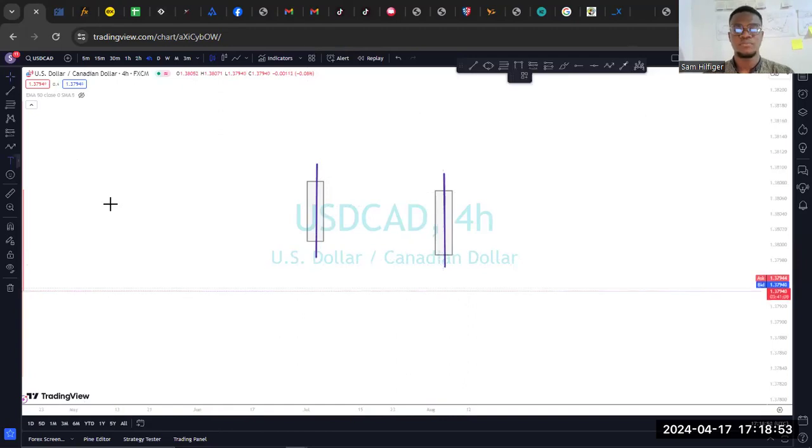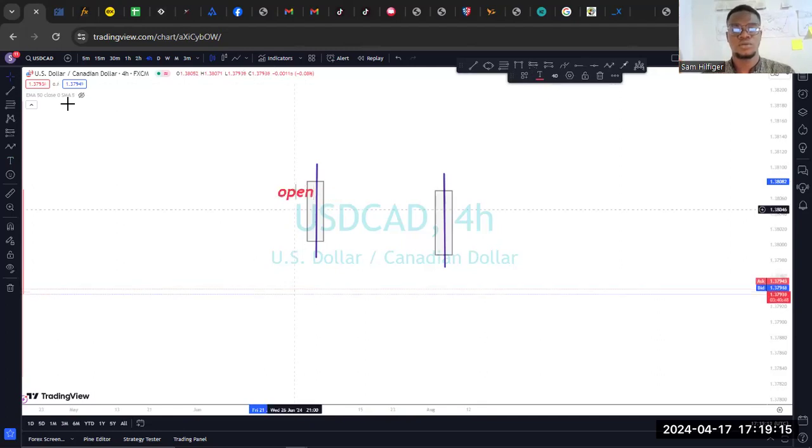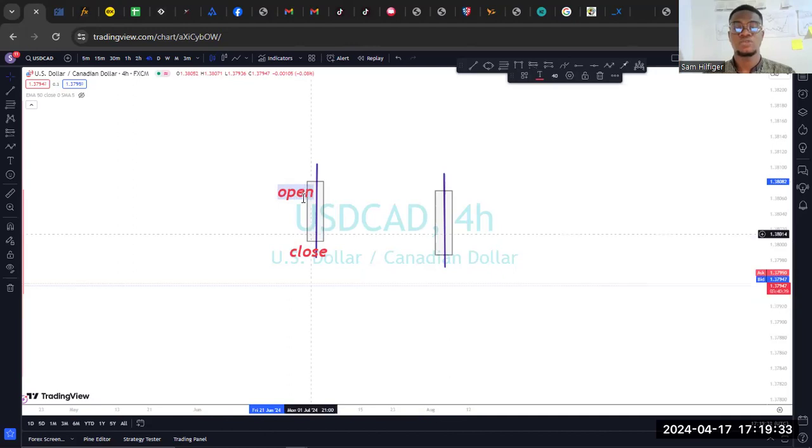So we have bullish and bearish candles. Let's take the bearish candle first, then we later move on to the bullish candle.